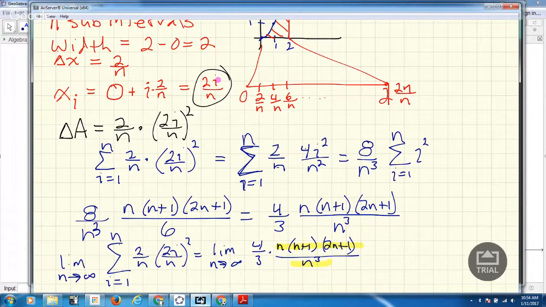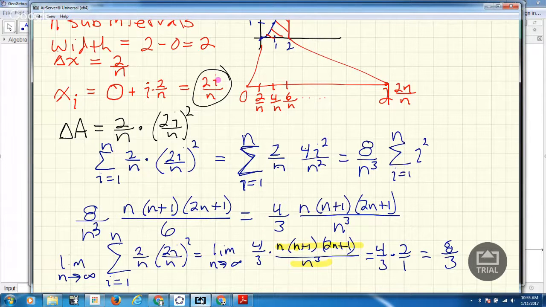So that means in the limit here, back to my pen, the 4 thirds is just chilling out front, and then the limit of that fraction of n is going to be 2 over 1. And so finally, I get an area here of 8 thirds.